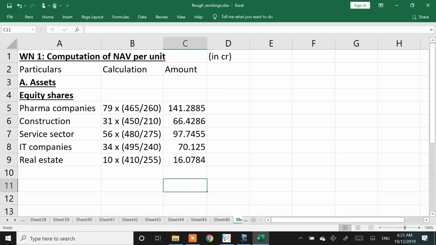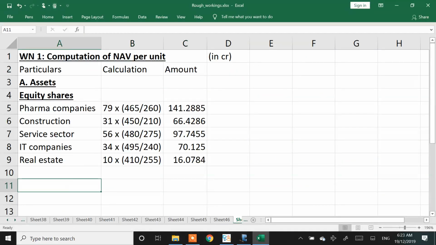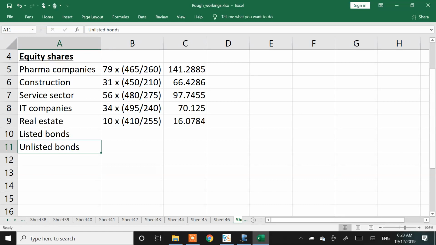Any doubts in any of these numbers? Okay, so I've done the equity shares investment. I have listed bonds and unlisted bonds, so we have two categories. The shares part of the valuation is done.